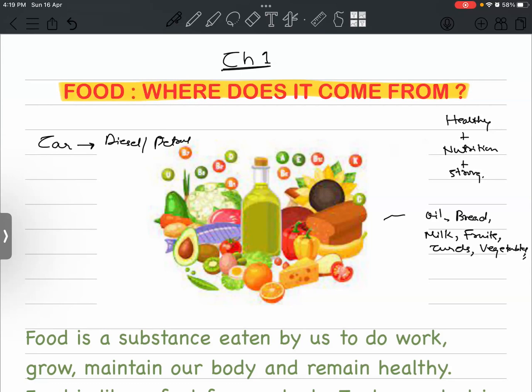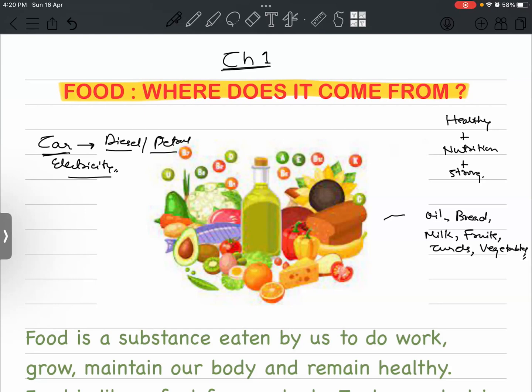Nowadays, we have got cars running on electricity, right? So anything that has got some work to do, whether living or non-living, needs energy to do that. The car gets its energy to run from diesel or petrol or from electricity.